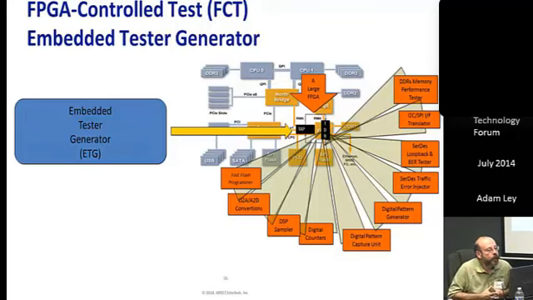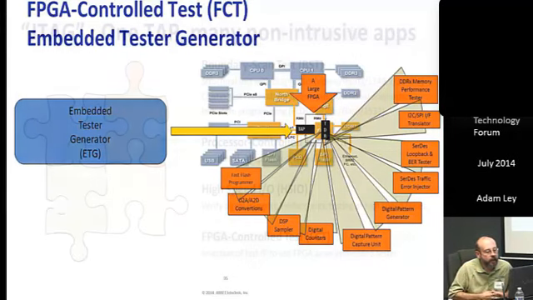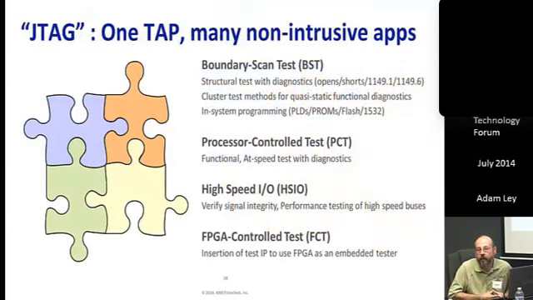JTAG, as we know it, is basically one TAP that provides access to many non-intrusive apps. TAP again means the test access port. The various non-intrusive apps that we're referring to include boundary scan test, processor control test, FPGA control test, and other embedded instrumentation, as we've discussed.